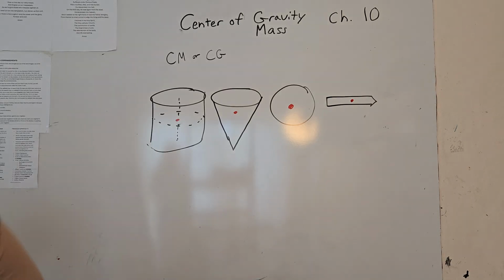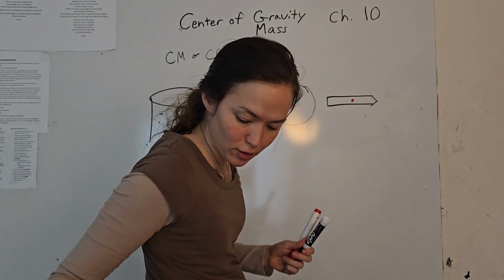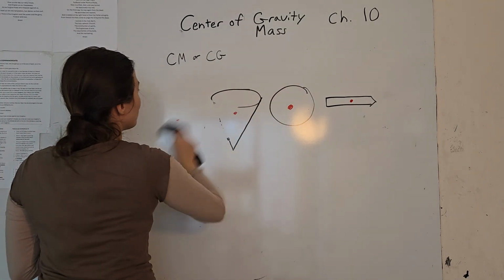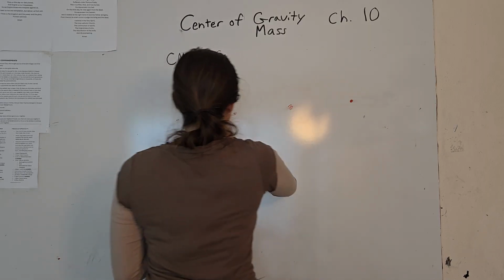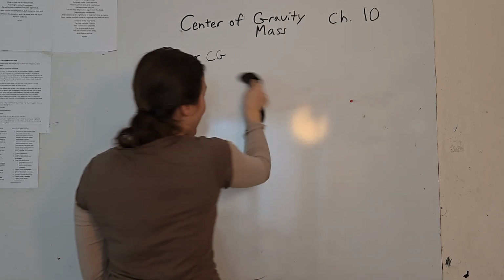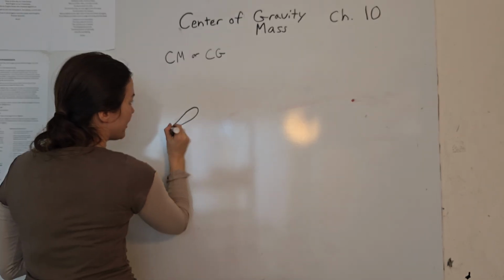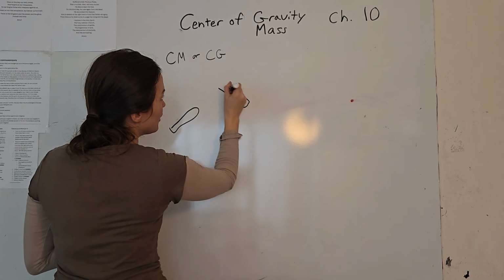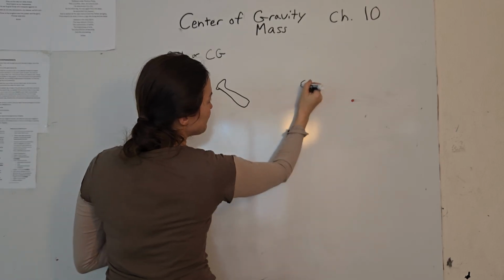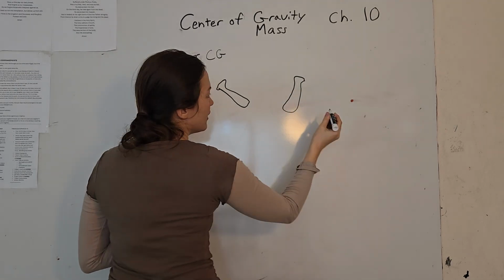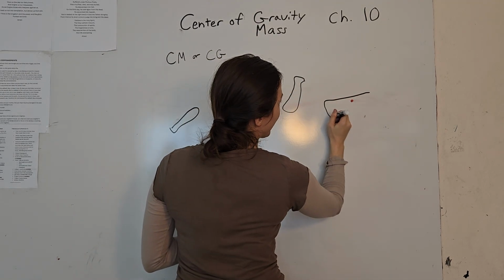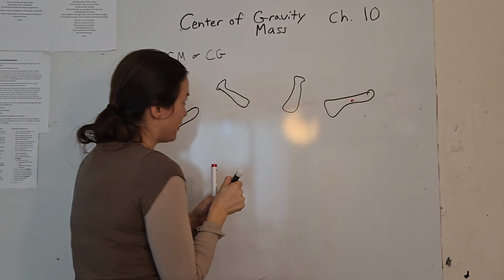If you throw a baseball bat, or a cat, in the air, you see it spinning as it goes. Sorry, that's a really ugly baseball bat.